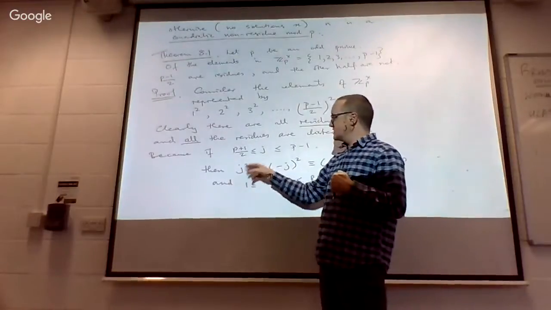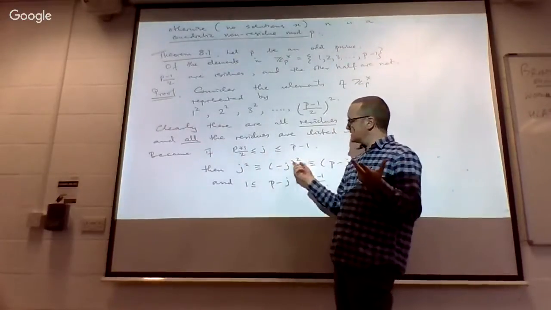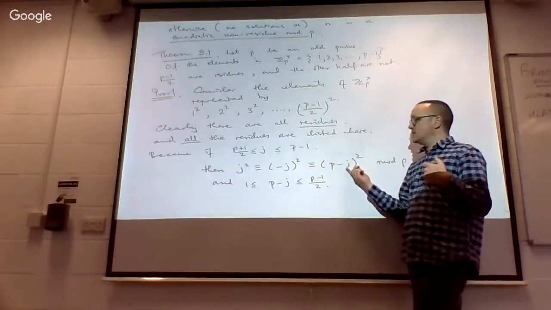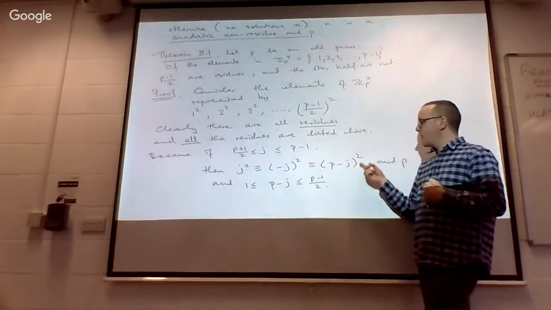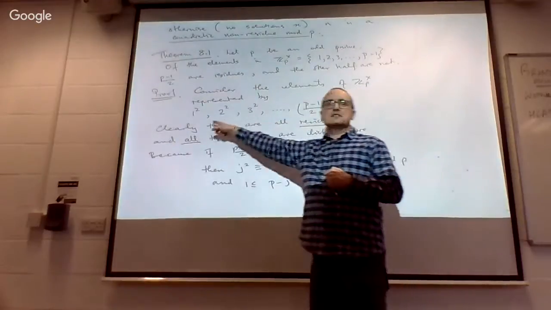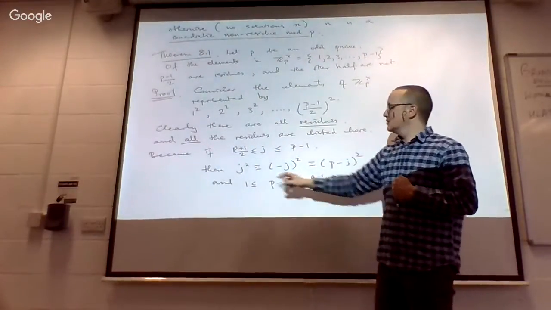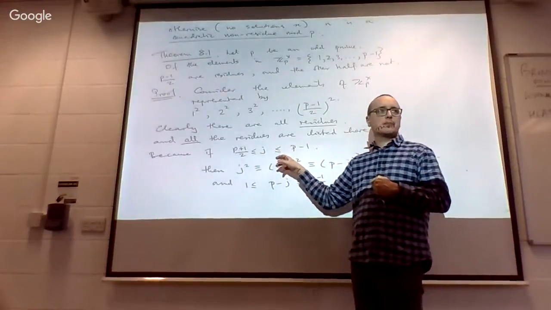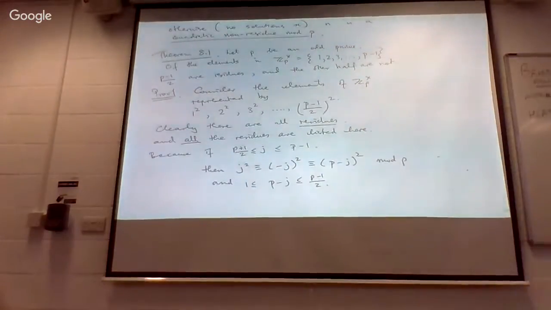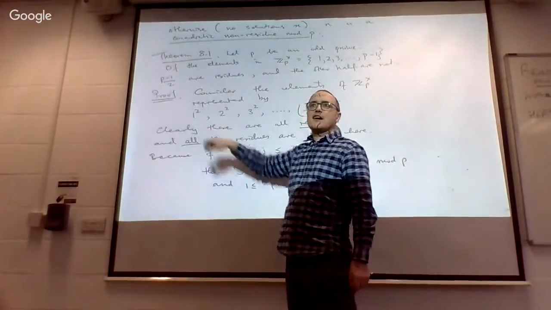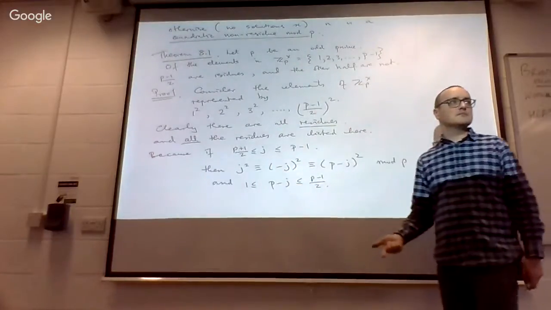And if you're wondering what j squared is, it's going to be congruent to minus j squared, so that's going to be congruent to p minus j squared, because p minus j is congruent to minus j. But that's already listed here when j comes in the second half. So these are all residues. They are all of the residues.